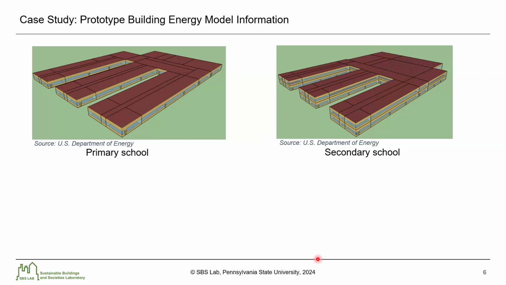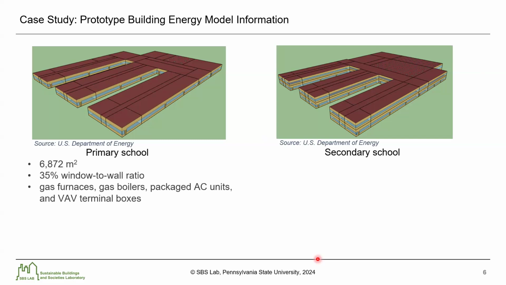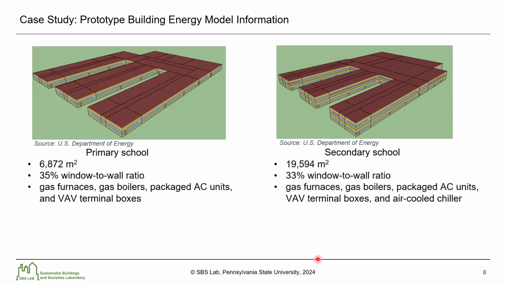You can see they are both school buildings, but one is primary and one is secondary. They are slightly different in area, and because the secondary school building is larger than the primary school, it has more HVAC equipment for the greater building energy demand.